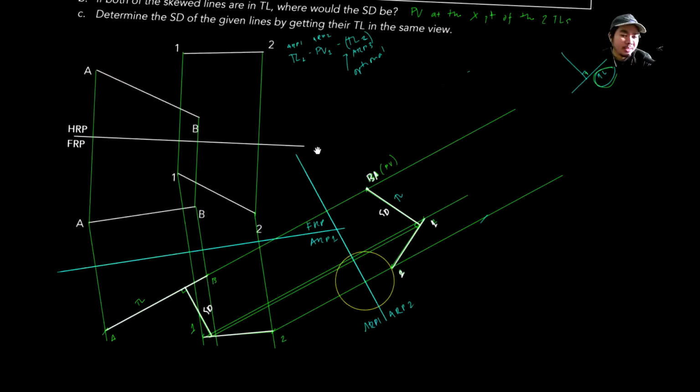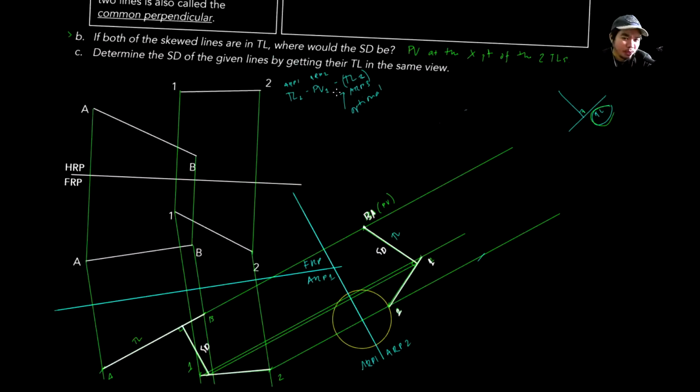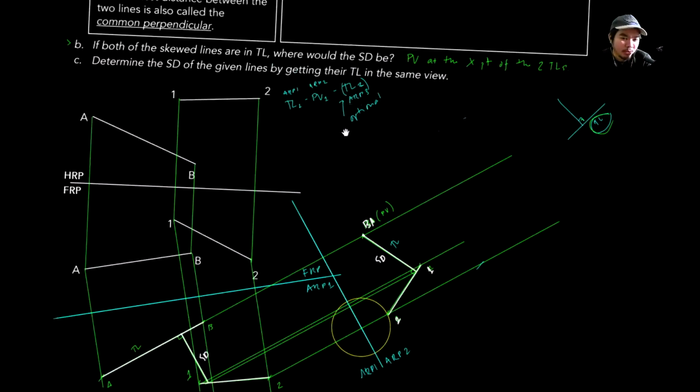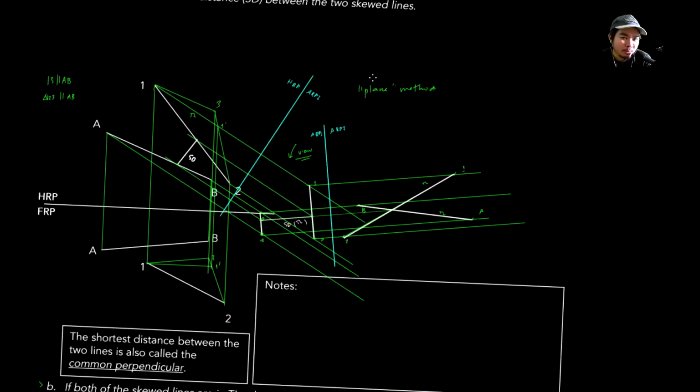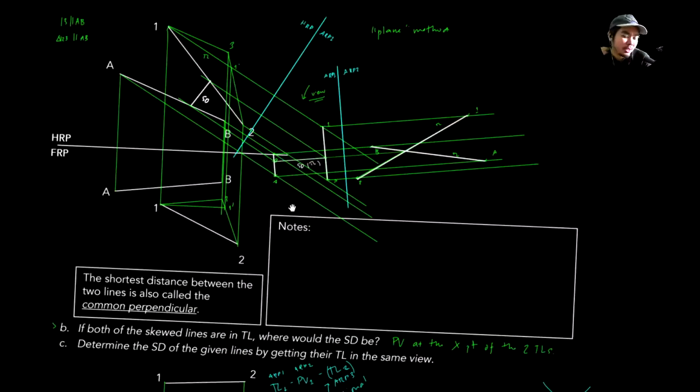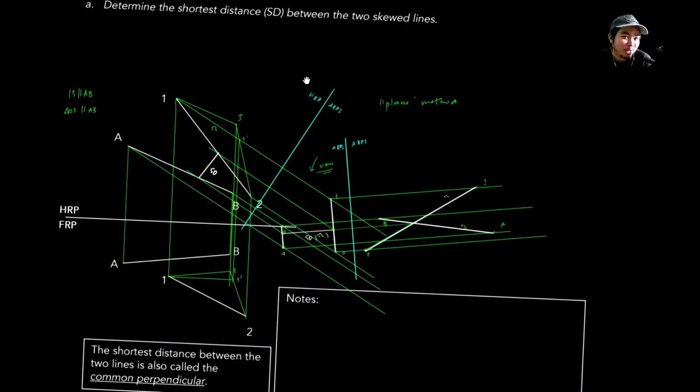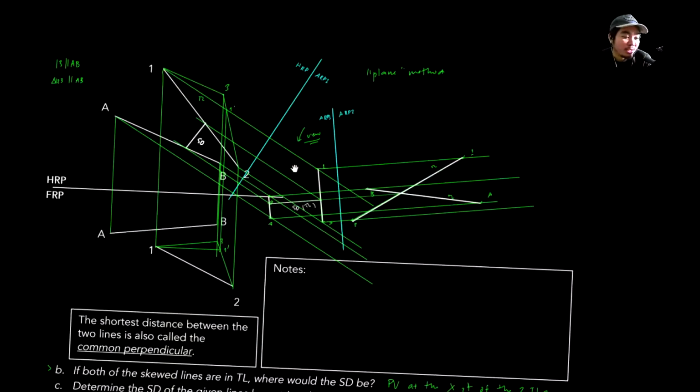Kung saan kayo mas komportable, itong true length point view, true length method, or itong parang quote-unquote plain method. So, it depends on you guys. Pero, the thing is, usually pag tinatanong yung SD, tinatanong din yung SHD, no? Which is the next na pag-uusapan natin, yung shortest horizontal distance.